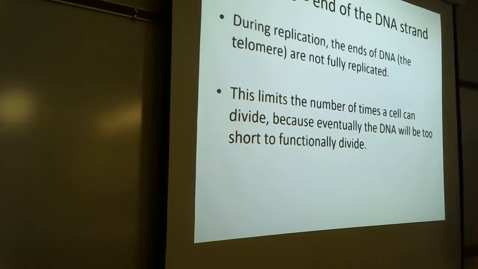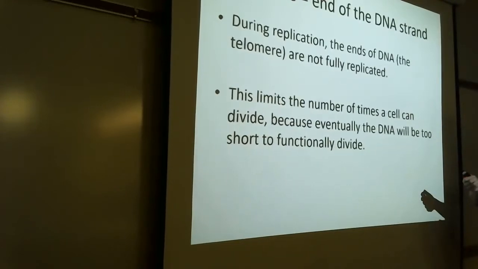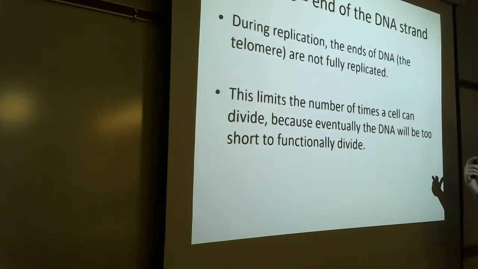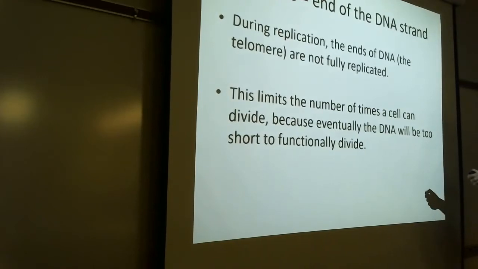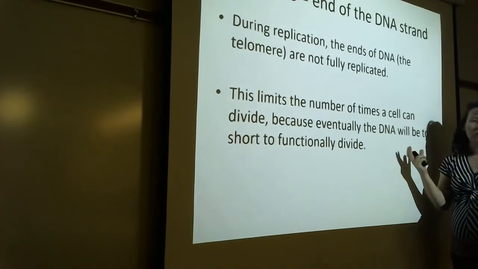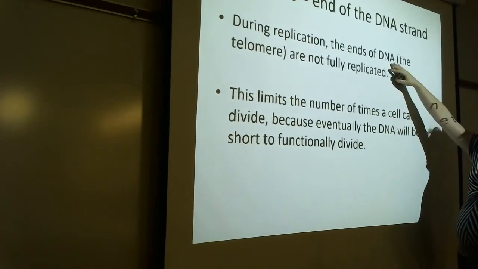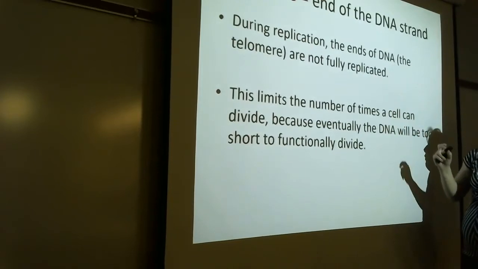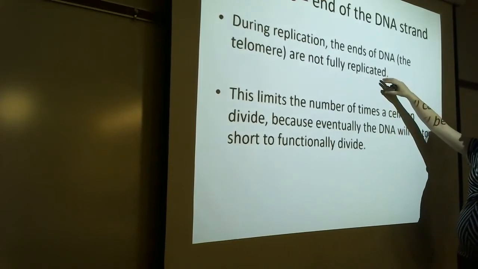And this is a word you may have heard before, the telomere. That's the very end of the DNA strand. And the ends of the DNA are not fully replicated. One of the things that's good about this is DNA can't just replicate forever and ever, right?